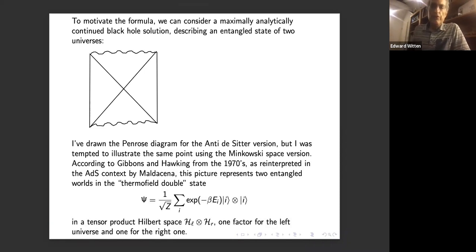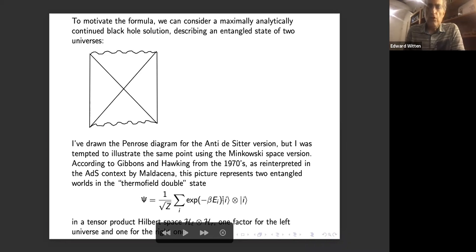Now, Gibbons and Hawking in the 70s explained that this picture represents two entangled worlds in the thermofield double state. That means an observer on the right sees a black hole, an observer on the left sees a black hole.